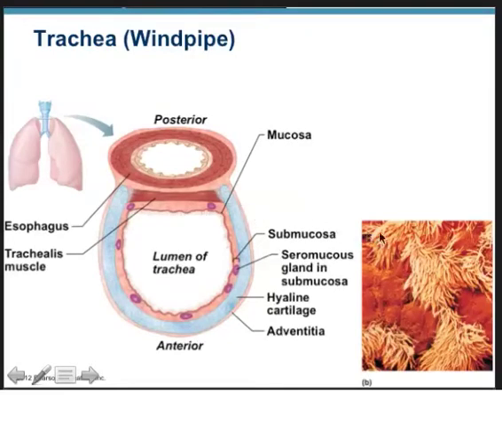And you can see here an EM micrograph of the mucosa. You can see the cilia here, and you can see the epithelial and the goblet cells peppered all throughout. And these cilia constantly beat. Now occasionally you'll run into individuals that have a problem with these cilia. They may be, for instance, heavy smokers or exposed to high amounts of carbon monoxide.